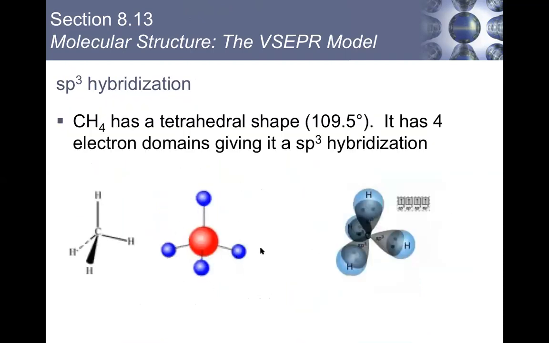And so here we have tetrahedral again. What is the hybridization for tetrahedral? Well, it's going to be S, P, P, P. So SP3. So tetrahedral is always going to have SP3 hybridization.